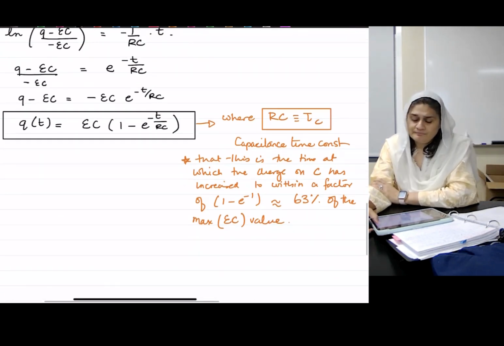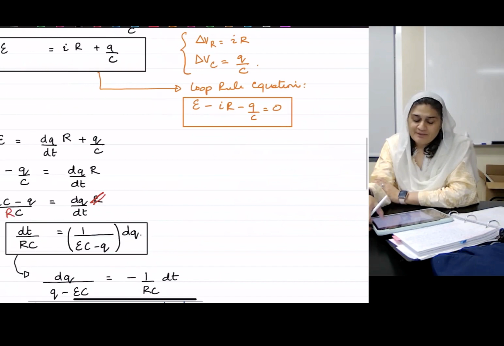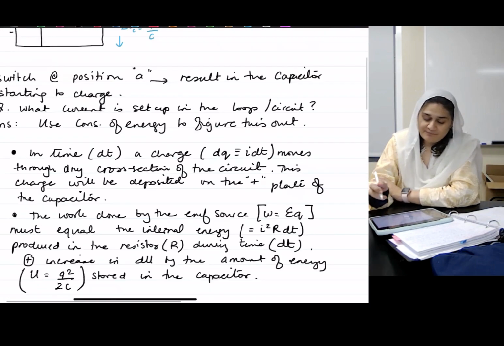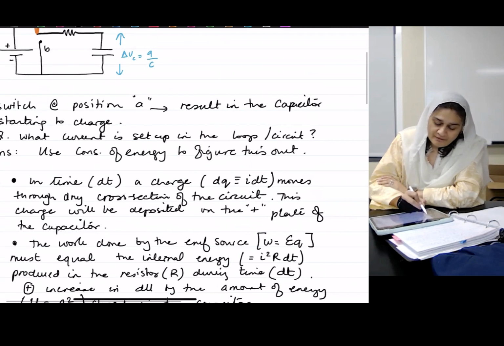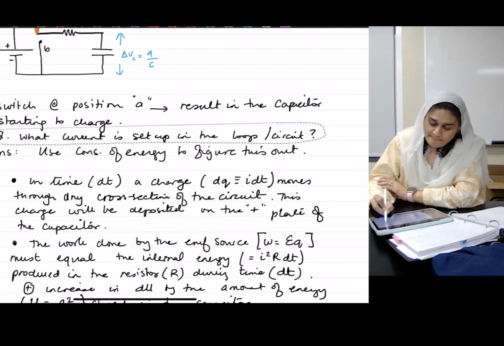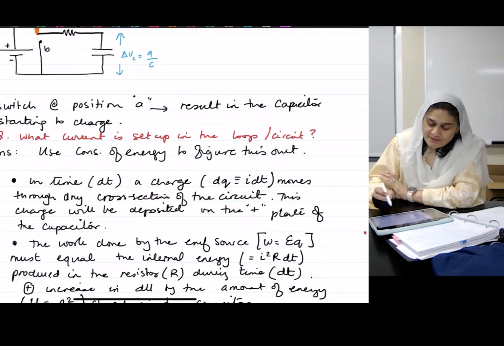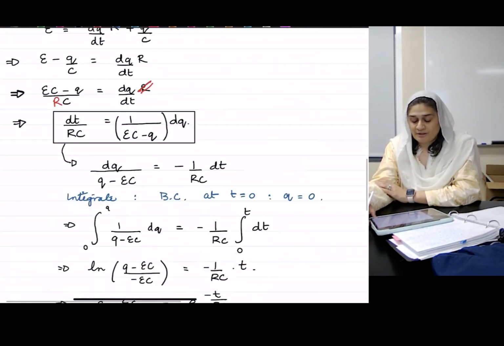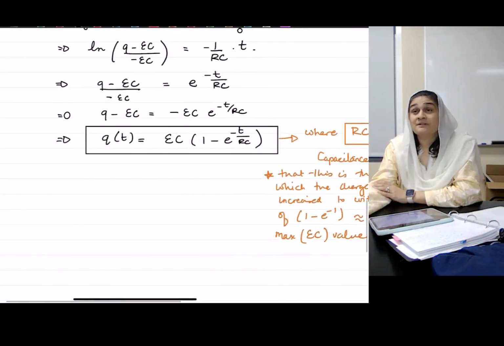Now, but our basic question did not ask me about Q. My basic question asked me, what is the current set up in the loop? Now, I have a charging situation.